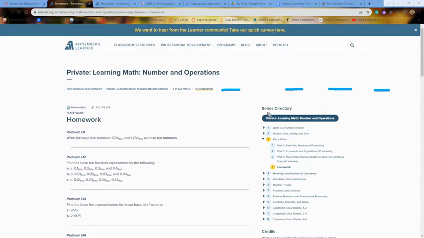Okay. And then we're going to place these: 1, 2, 3, and 4. And then I'm going to use a different color and show you guys how I'm going to place these.